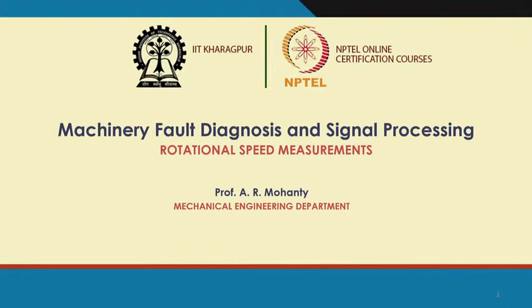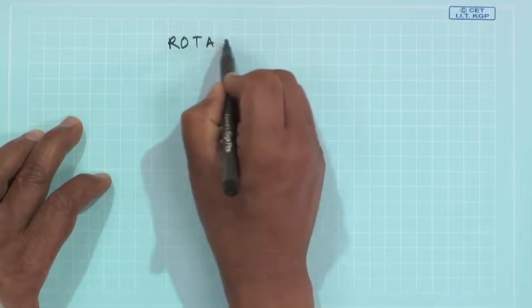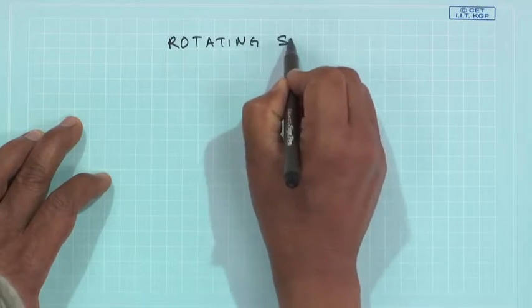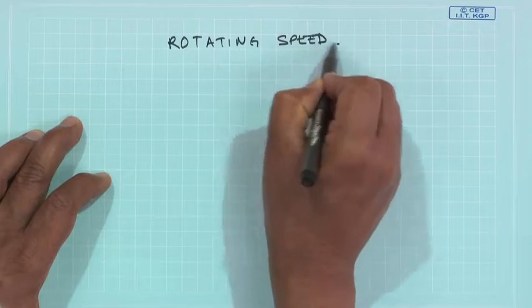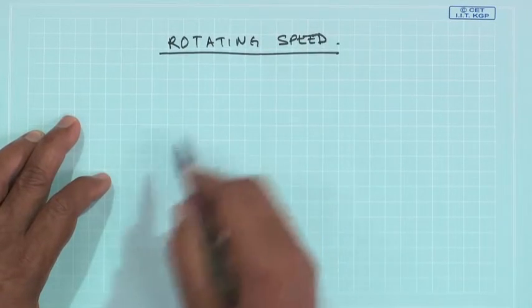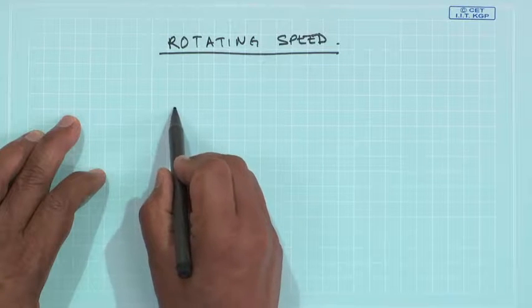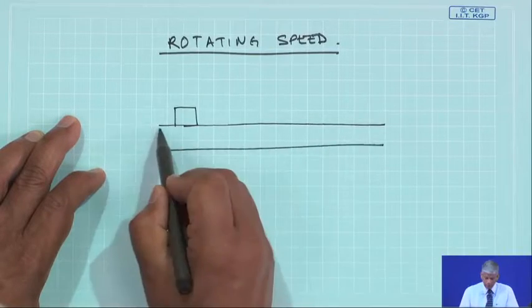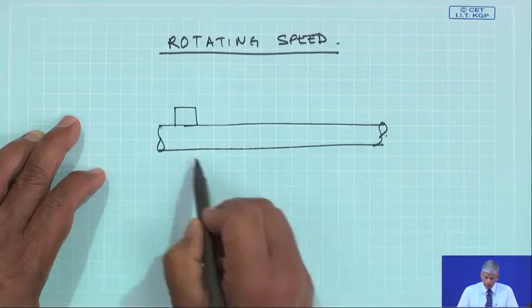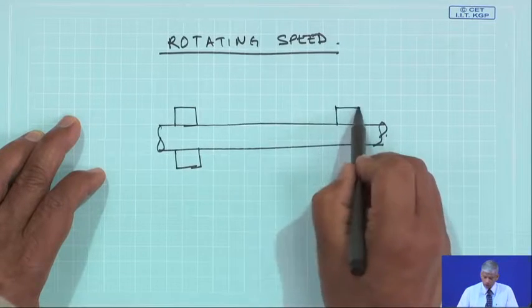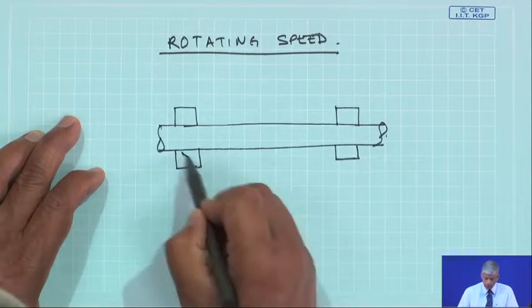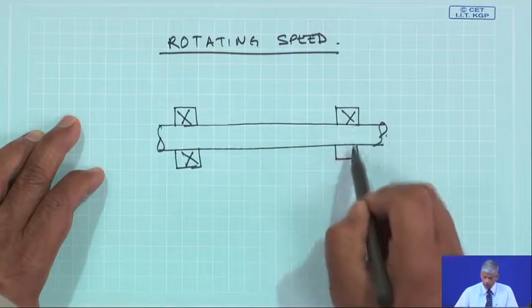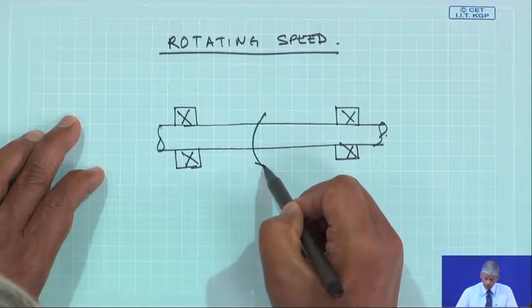But perhaps another very important parameter to measure in any rotating machine is its rotating speed. Because philosophically, when we design a machine, I will come back to this example, where we are dealing with machines where shafts are rotating, and they are supported on bearings, right.